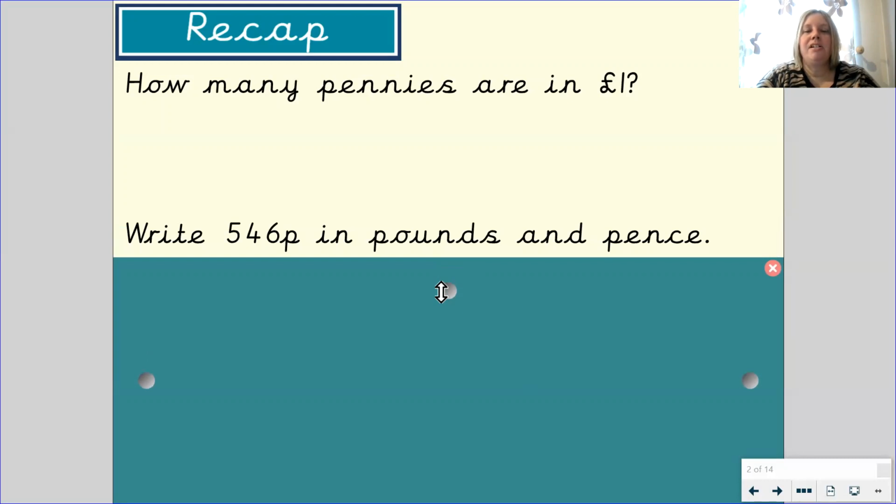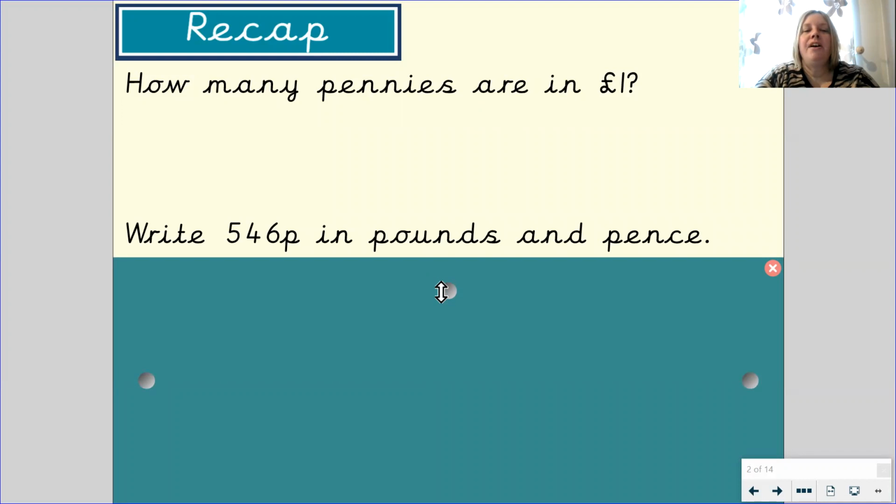Our first question asks us to write 546p in pounds and pence. So if we partition the number, how many hundreds are in the number? There are 5 hundreds in the number. I know that there are 100 pennies in £1.